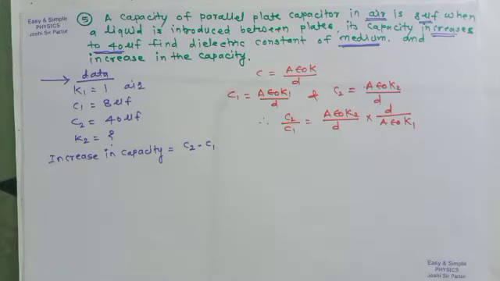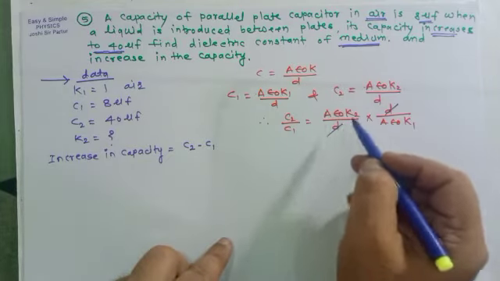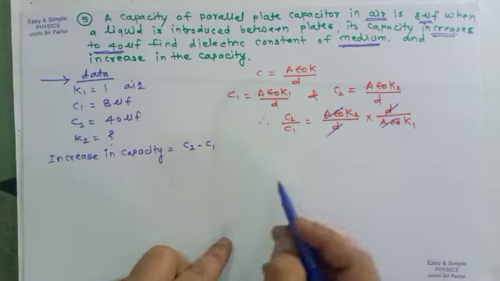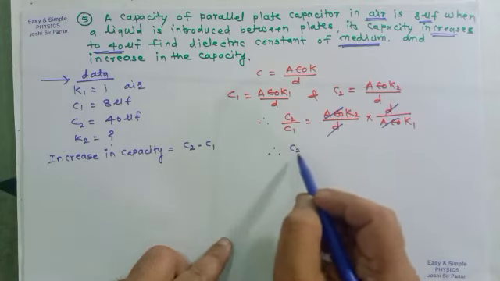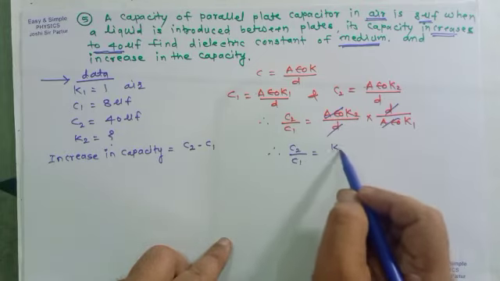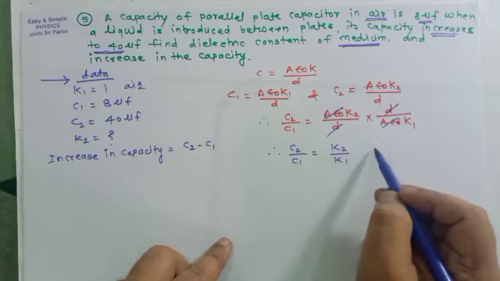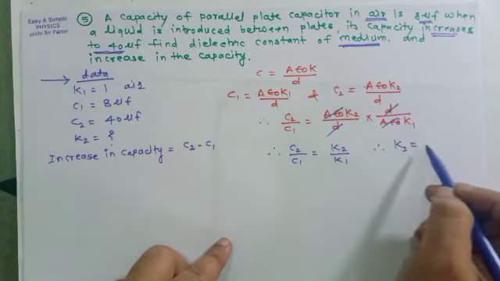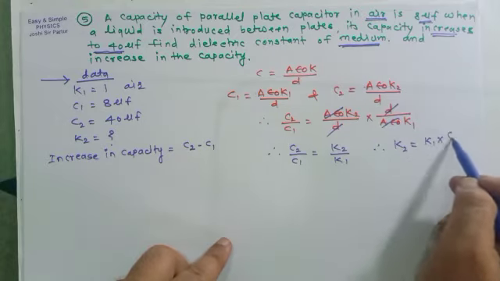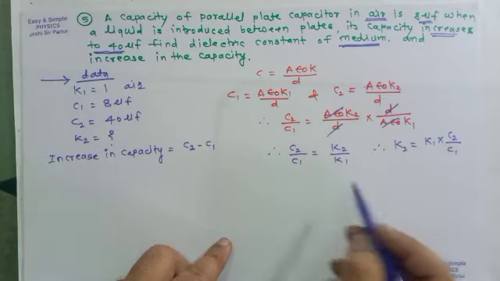Here similar terms cancel: D cancels, A epsilon 0 cancels. Therefore C2 upon C1 equal to K2 upon K1, so K2 equal to K1 multiplied by C2 upon C1.